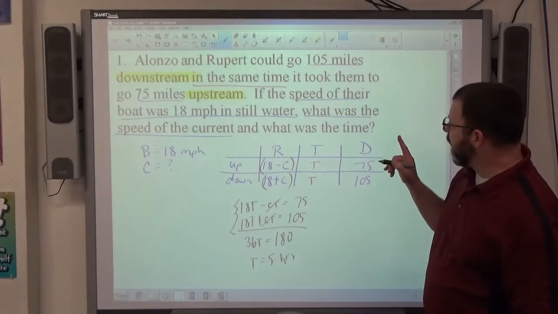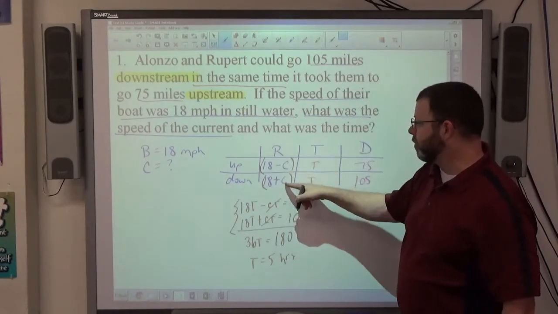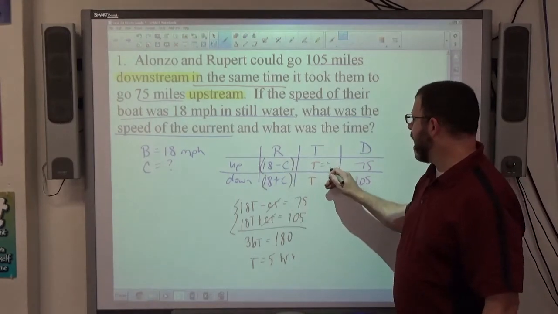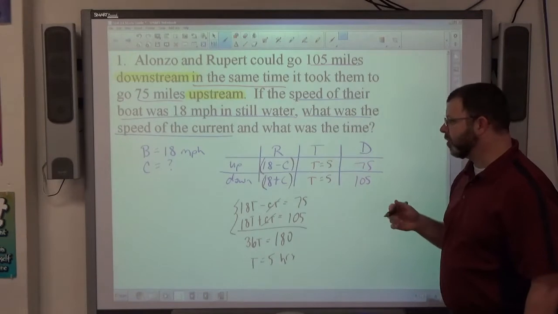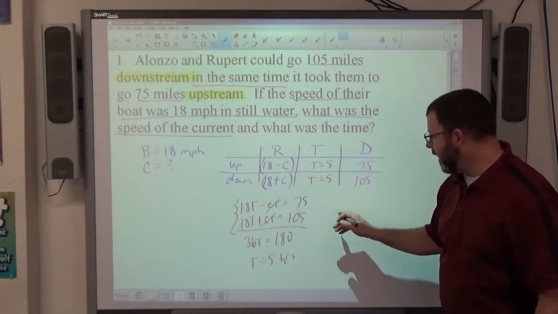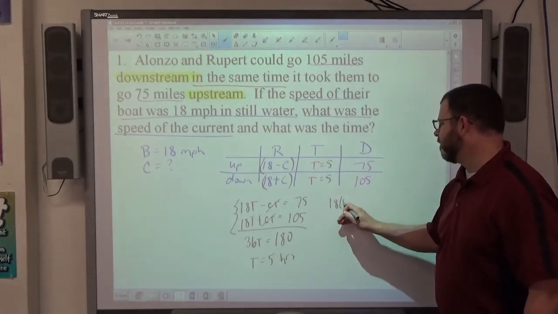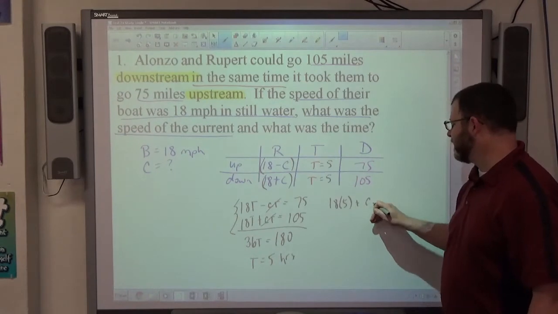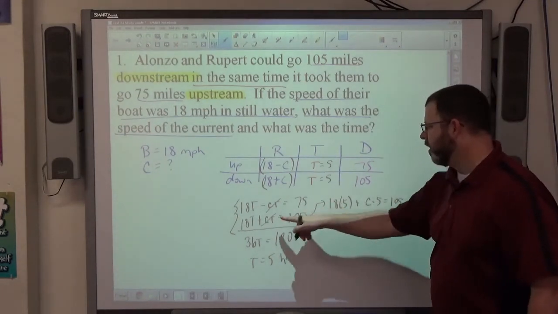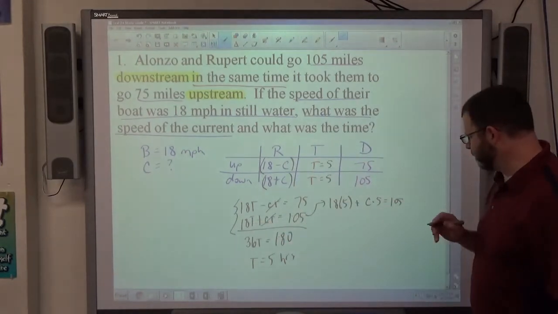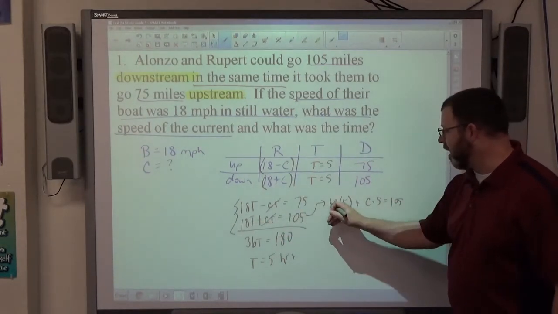It asks me not only for the time, but also what the speed of the current was. So I know time is 5 for both. As far as getting the speed of the current is concerned, I know that 18 times 5 plus c times 5 is equal to 105. All I did was I took this equation, changed the t's into 5's. 18 times 5 is 90.